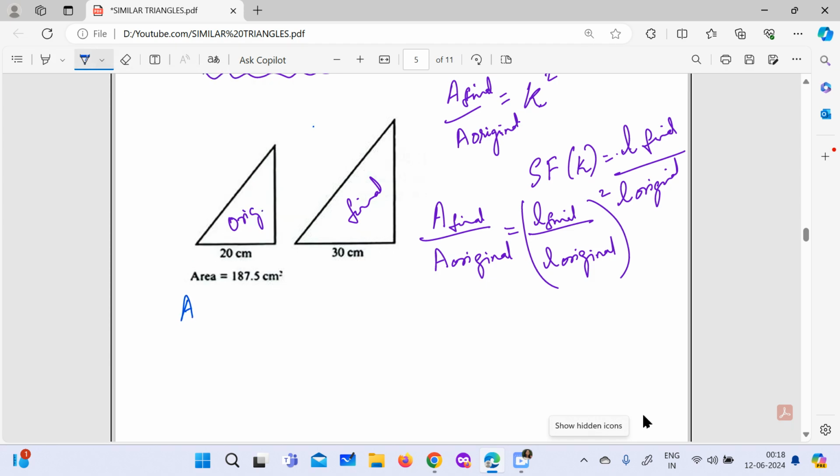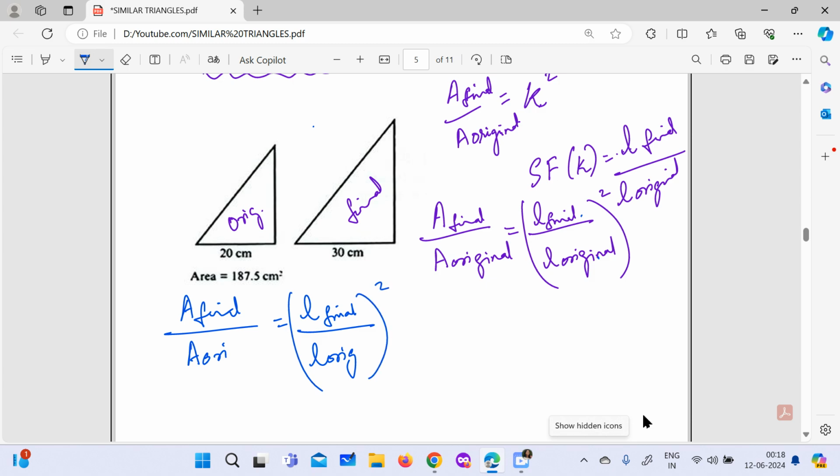So I will write area of final upon area of original is equal to k squared. I'm going to write it in the form of length. So it will be the length of the final one upon the length of the original triangle, and the whole thing is squared.